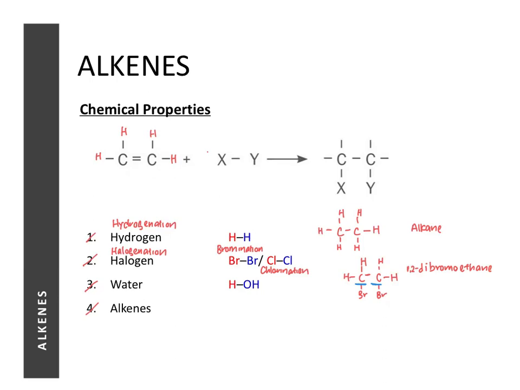So if you add bromine, the two bromine atoms will be added to the two carbon atoms that are side by side. It won't be a case where both bromine atoms go to only one carbon atom. The atoms that are added to an alkene will always be added to the carbons that are side by side in the functional group.